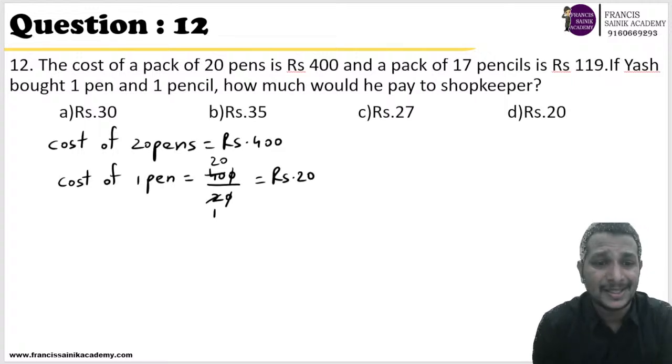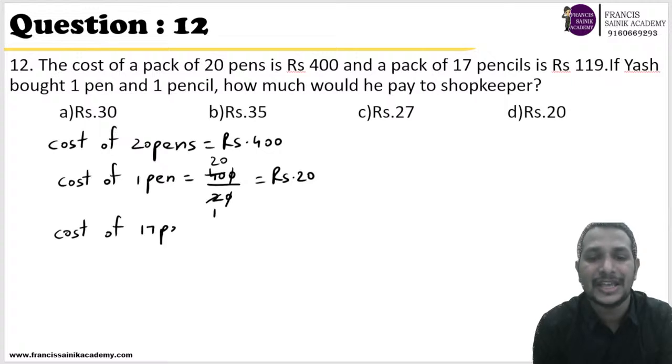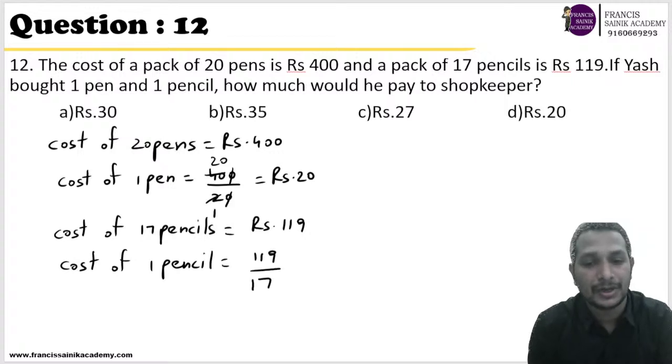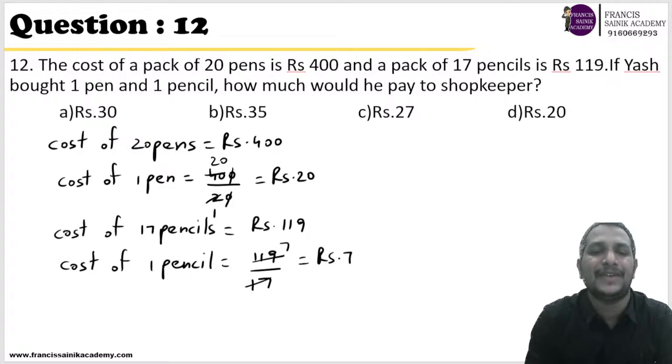Along with this, we find the cost of 1 pencil also. Cost of 17 pencils, they gave it as 119. So cost of 1 pencil will be how much? 119 by 17. In the 17 table we can cancel off 7 times. So we got the cost of 1 pencil as rupees 7.